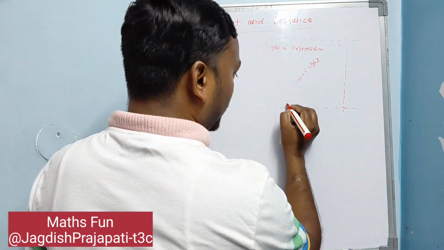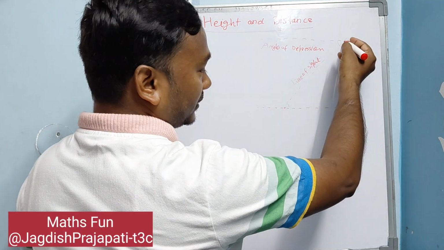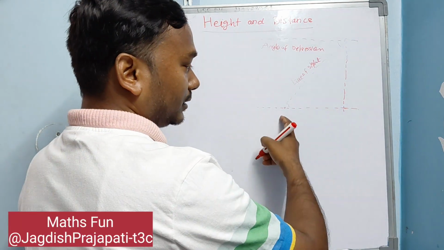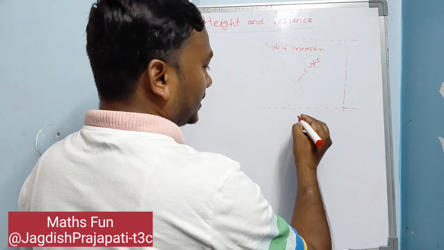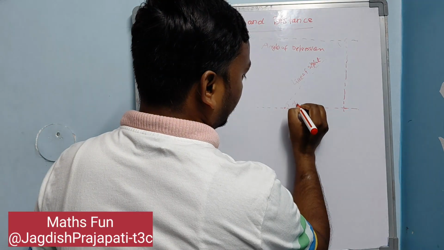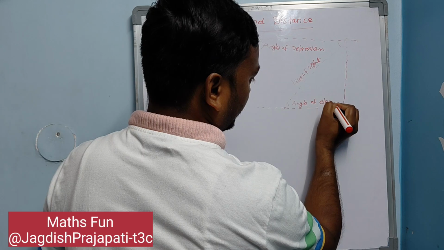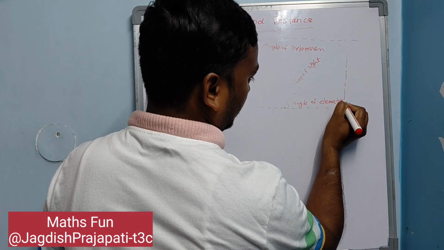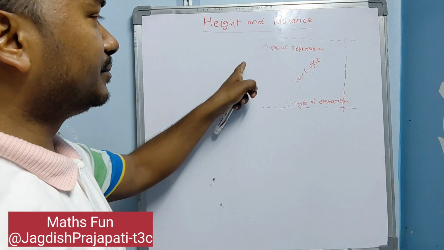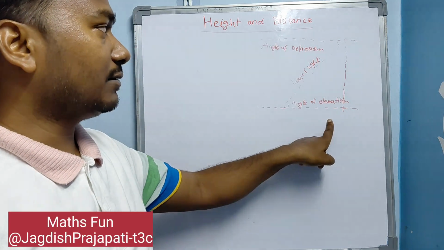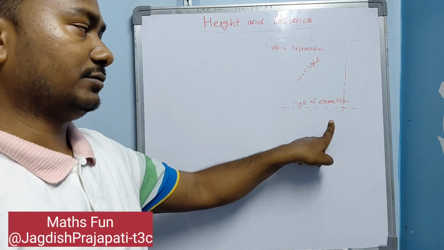And the angle formed by the line of sight and the ground is the angle of elevation. The angle of depression and the angle of elevation are always equal.